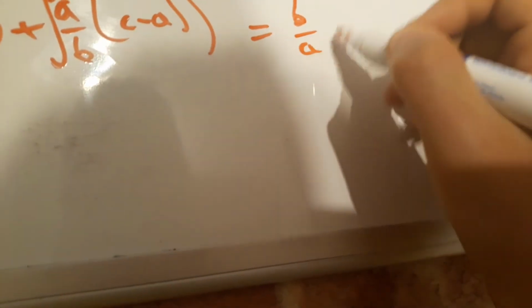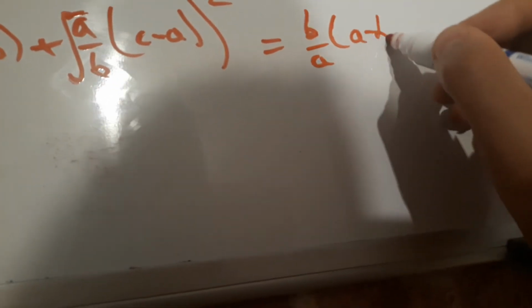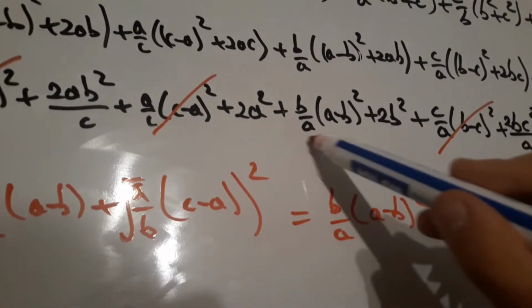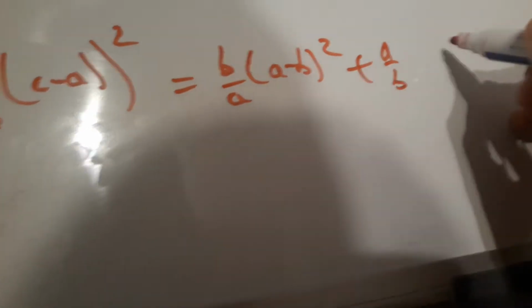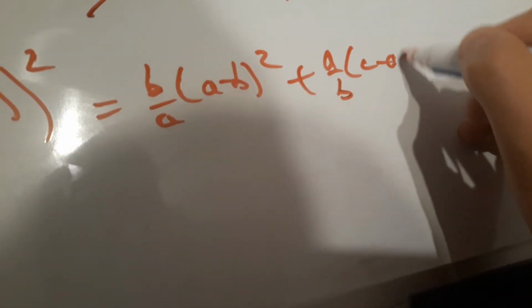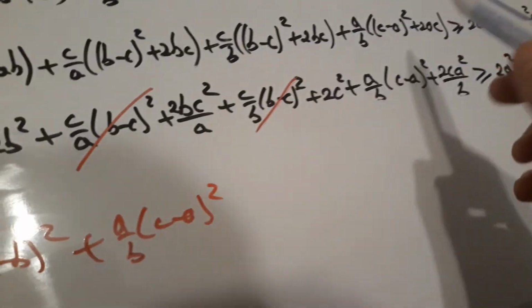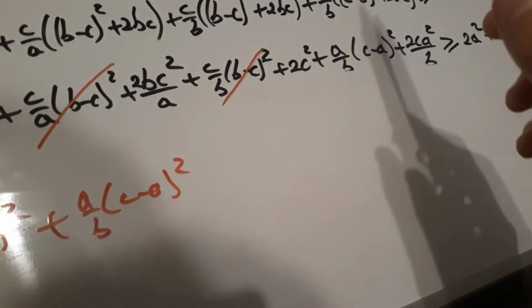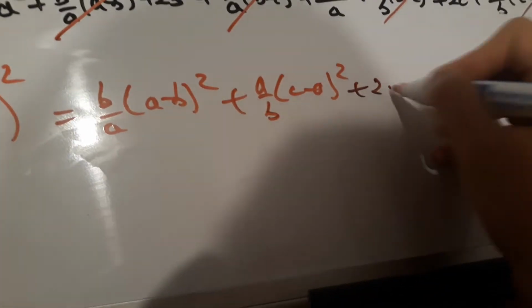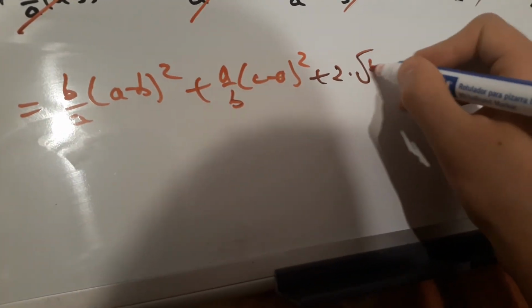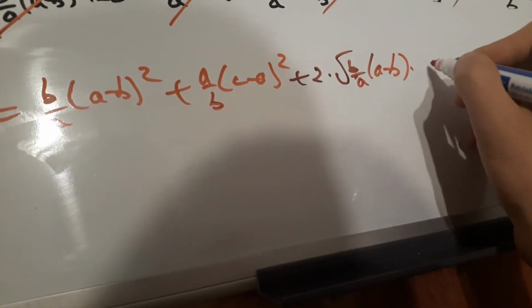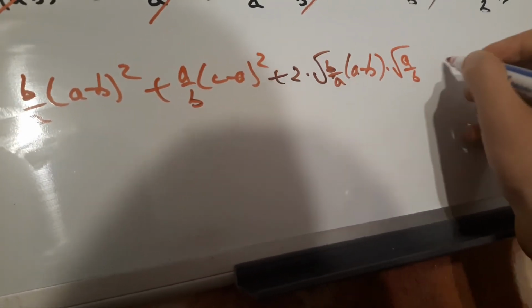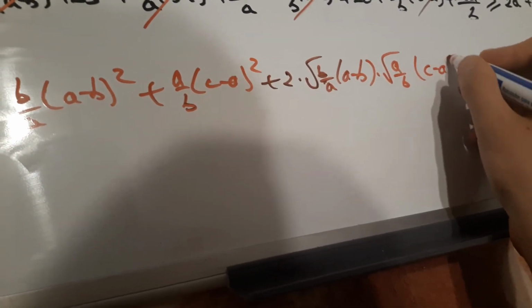Here we have b over a times (a minus b) all squared, and then plus a over b times (c minus a) all squared, and then plus 2 times the square root of b over a times (a minus b) times the square root of a over b times (c minus a).